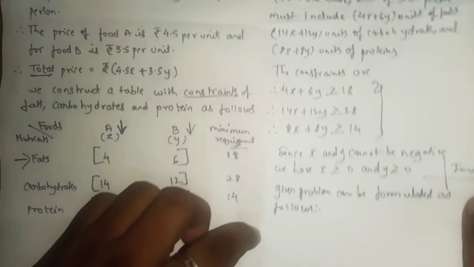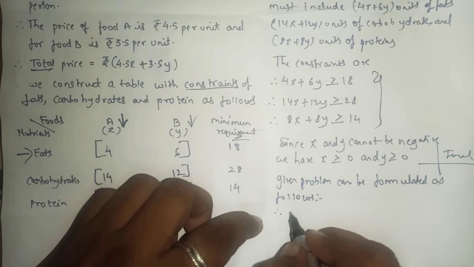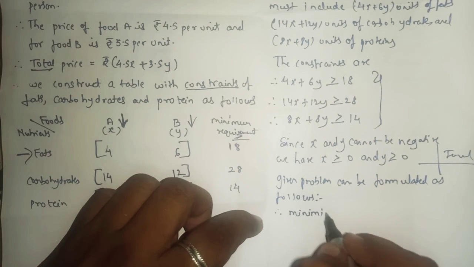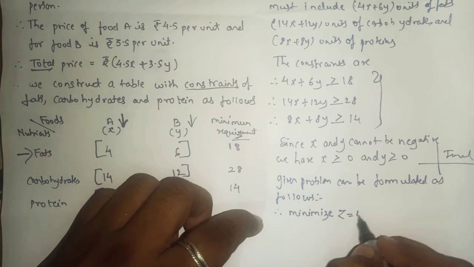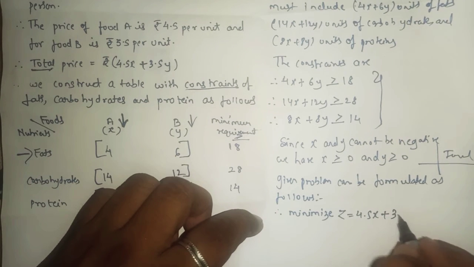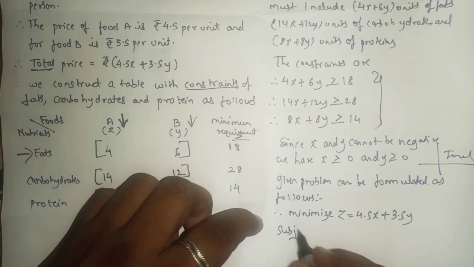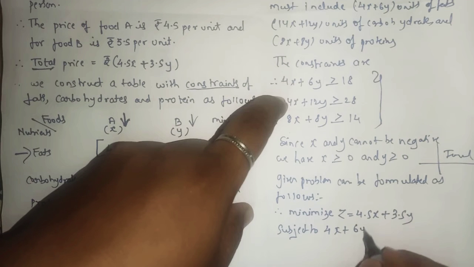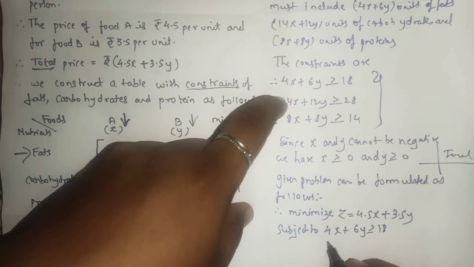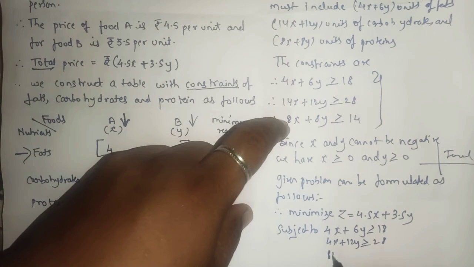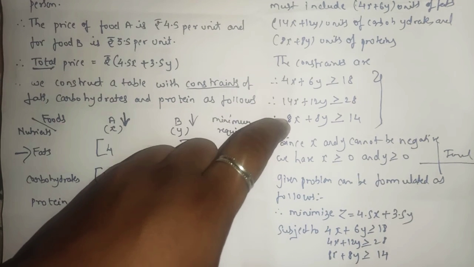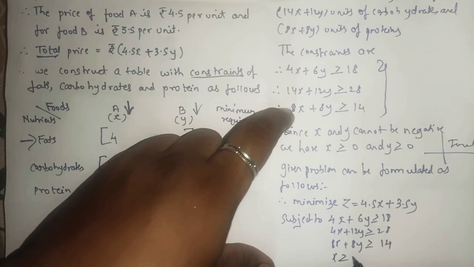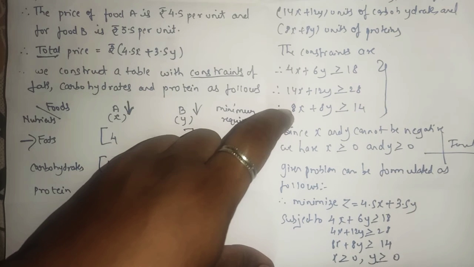Therefore, we have to minimize z equals 4.5x plus 3.5y subject to: the first equation 4x plus 6y greater than or equal to 18, then 14x plus 12y greater than or equal to 28, and the last one 8x plus 8y greater than or equal to 14, and the last part x greater than 0 and y greater than 0.